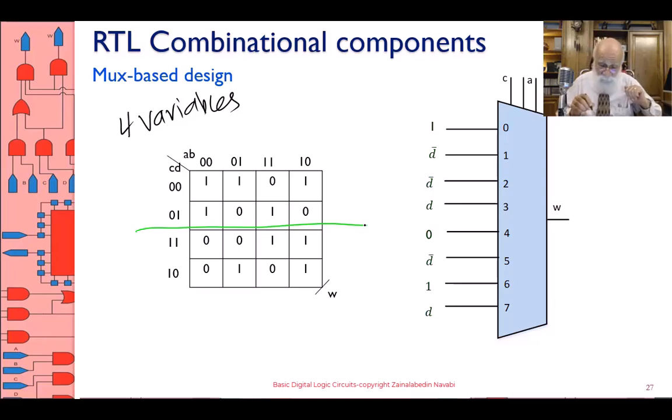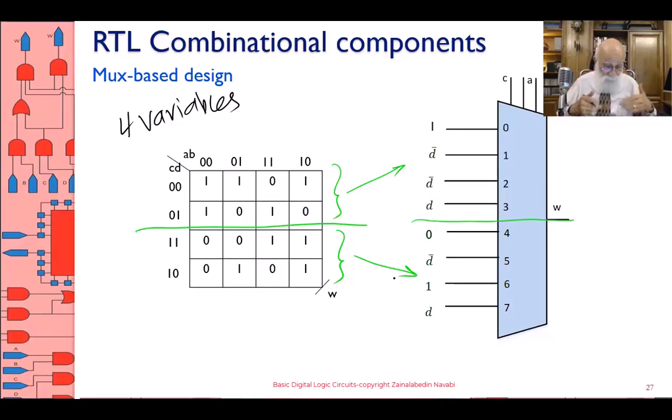I've already decided I have a 4-variable map and an 8-to-1 multiplexer, right? And then I'm going to cut my multiplexer half up, half down. I'm going to associate the upper part of the Karnaugh map with the upper part of the multiplexer, the lower part of the Karnaugh map with the lower part of the multiplexer.